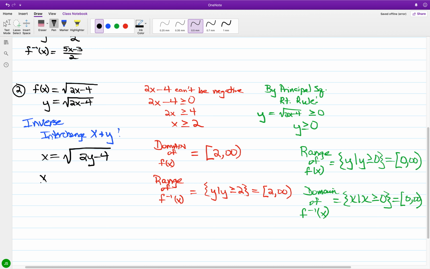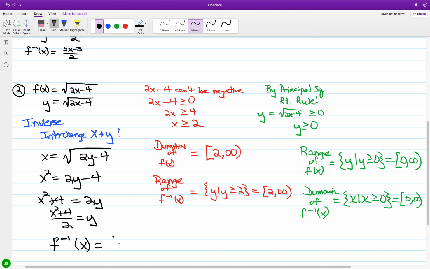If I square both sides, we have x squared is equal to 2y minus 4. If I isolate the y term, adding 4 to both sides, we have x squared plus 4 is equal to 2y. Taking half, we have x squared plus 4 divided by 2 is equal to y. This y makes reference to the inverse. So the inverse of f of x is equal to x squared plus 4 all over 2.